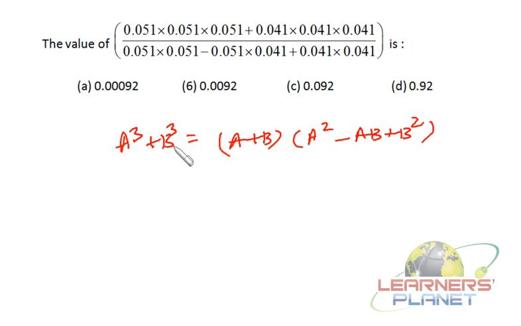So if a cube plus b cube is divided by a square minus ab plus b square, then we are left with a plus b only. So in this question we are left with 0.051 plus 0.041, that is 2 plus 5 and plus 4, 9, 0, so it's 0.092. Okay friends, you must be knowing this formula.